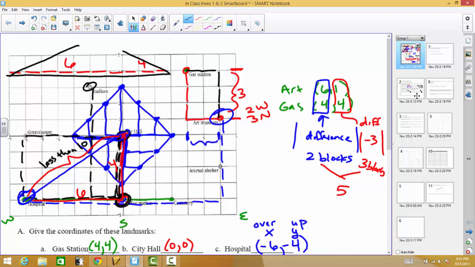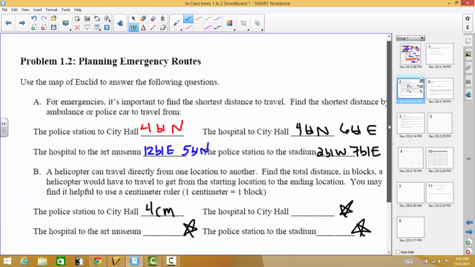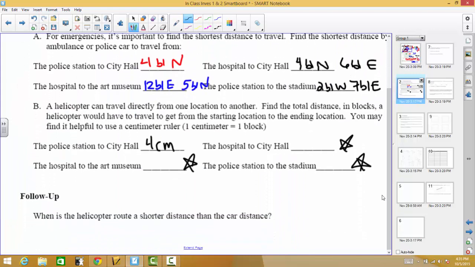And again, we will measure this first thing tomorrow. And so down here at the bottom, it says, when is a helicopter route a shorter distance than a car distance? And you can put that if it's just like this, if it is straight, it is the same distance. If a straight line by car, same distance.